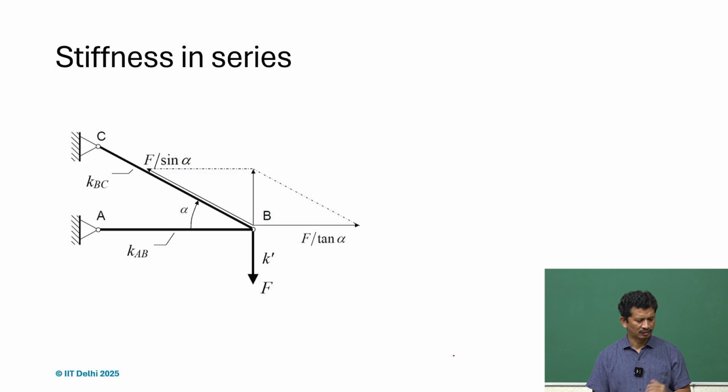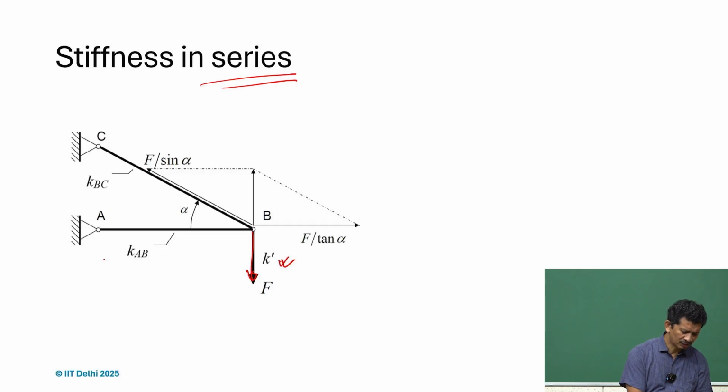Like this kind of arrangement shown. It is just a truss, and what we are saying is that it is in series. So, if you are applying a force F here, what is the K prime? What is the stiffness, because of the stiffness of these two links?